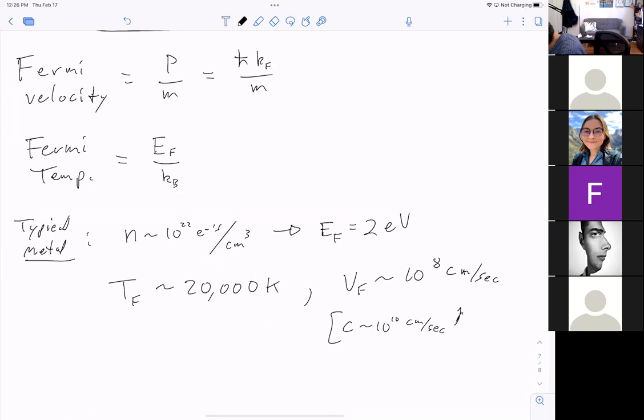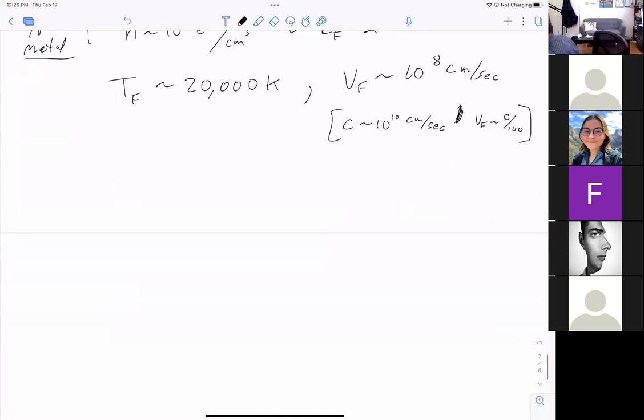So v_F is on the order of 1/100th of the speed of light. The electrons at the Fermi energy are moving at about 1/100th the speed of light, pretty fast, but not that fast compared to a high energy experiment. So it depends on your definition of fast. That's just giving you some numbers and orders of magnitude.